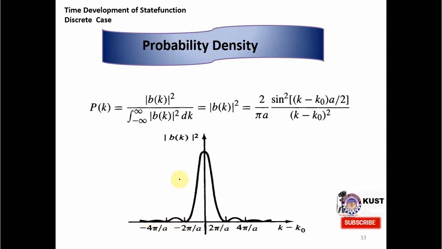So it is forming a packet which moves with the group velocity. As you move away from here, you have less and less momentum and less probability to find these momenta. Particles with these momenta are very less probable, but particles with these momenta are very highly probable. So these particles are moving like a group.